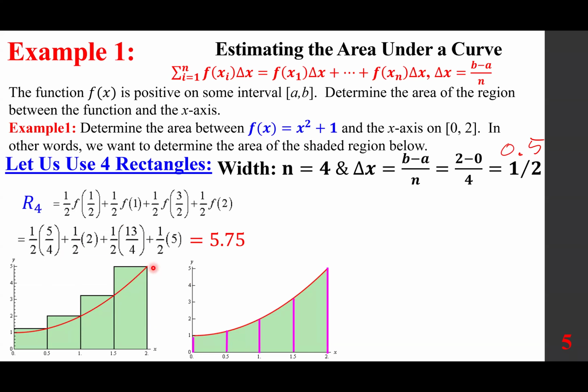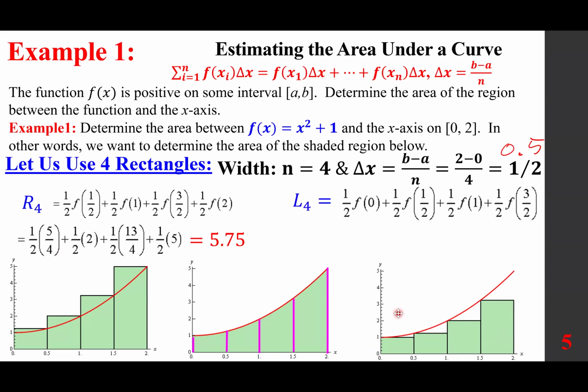Now, what if we chose the left endpoints as the height? It will look like that. Again, this is not the area under the curve, but it's an approximation. And we calculate this. First, I want you to notice these 2 parts are the same because the right endpoints use all these endpoints except the first one, 0, and this one uses all these endpoints for the height except this 2.